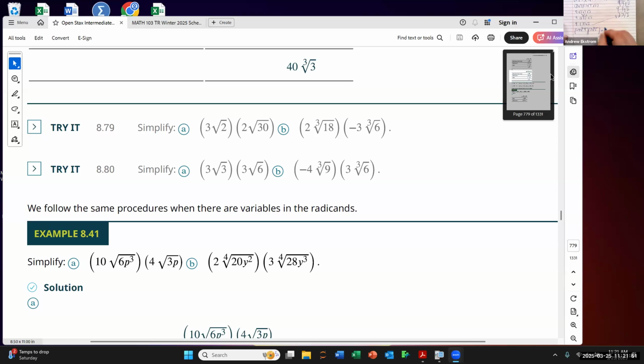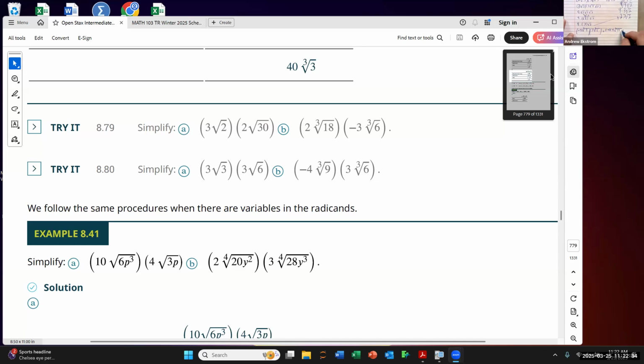So again, I can take this and say -4 times 3 times the cubed root of 9 times 6. What's 9 times 6? So now I've got 54. What is a value or a number that we can put in here where one of them is going to be a cube, the other one doesn't have to be?